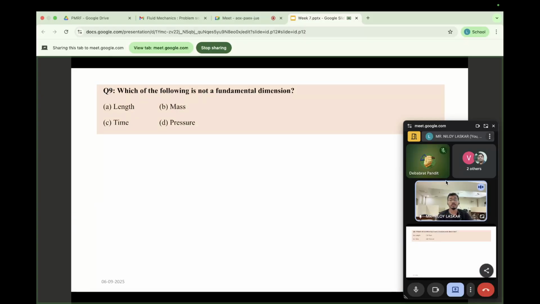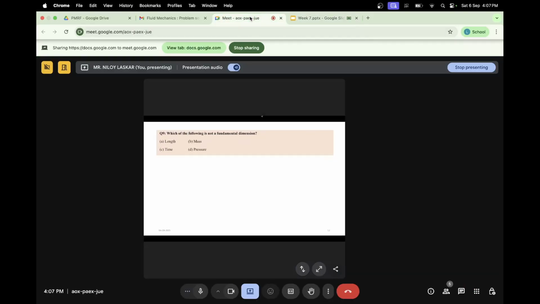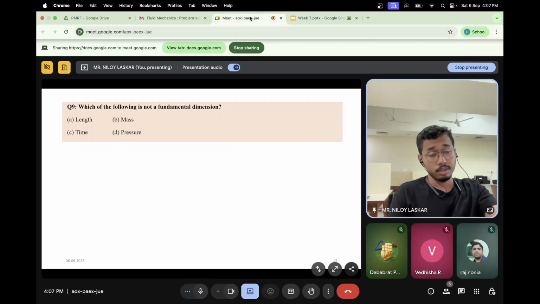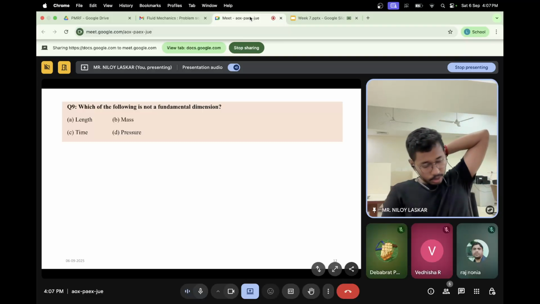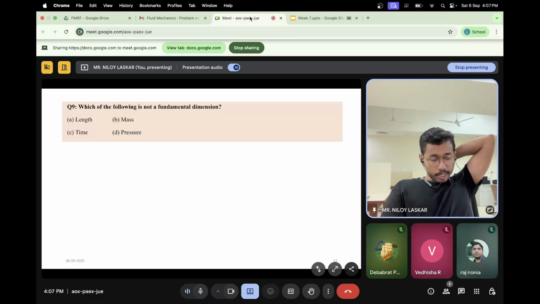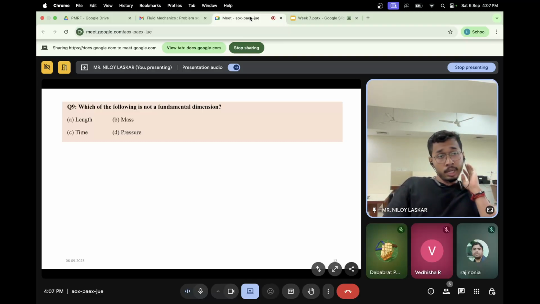So in this question, it is another simple question. Which of the following is not a fundamental dimension or primary dimension? I am giving you 1 minute to answer this one. In the first slide, I have discussed all these things.